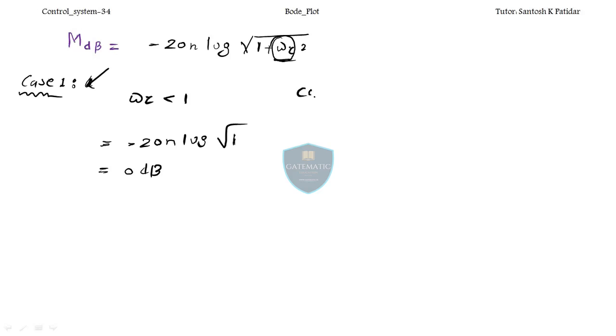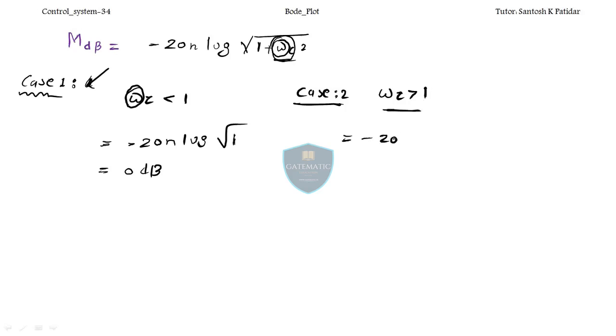And case 2 will be when omega tau is greater than 1. How can this happen? Which term is changing over here? Omega is changing over here, isn't it? This frequency is nothing but the corner frequency. Don't worry, we'll discuss this. Now suppose omega tau is greater than 1. Now I can neglect 1.